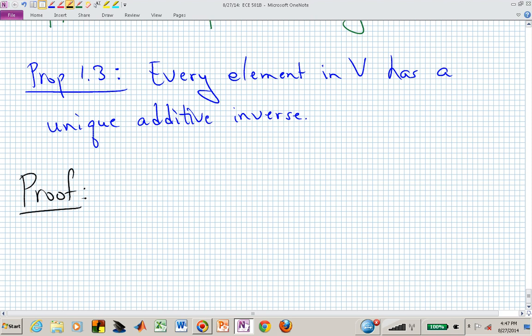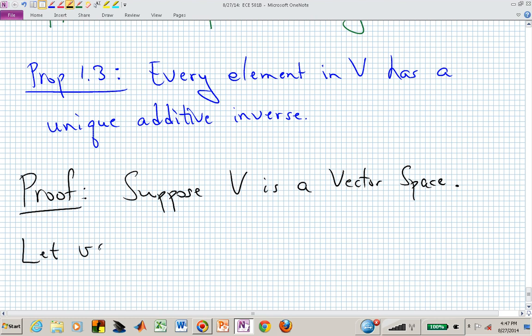What does that mean? Well, let's suppose V is a vector space. And let's just pick a generic element, little v, out of that vector space. Let's let little v belong to the vector space V.